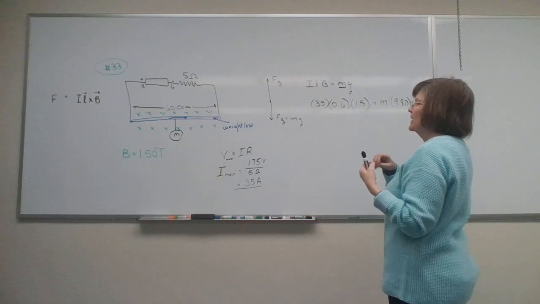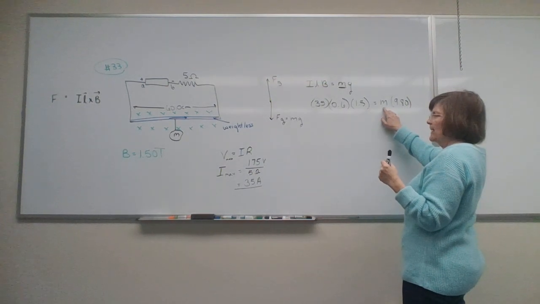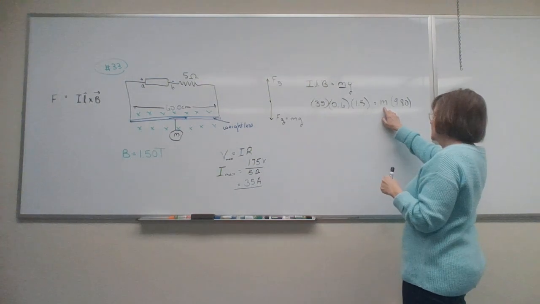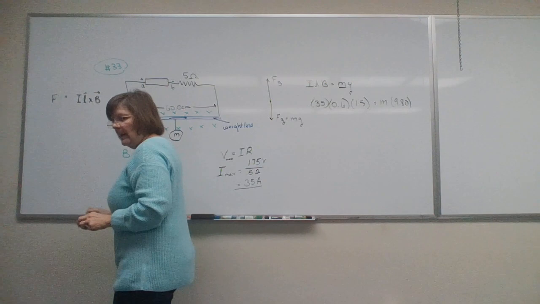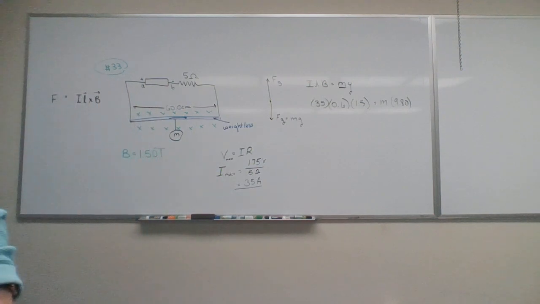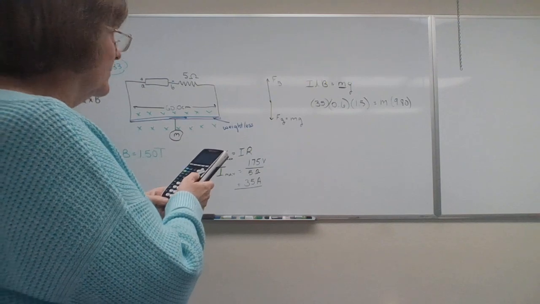If they had given that bar some mass, this would have just been the total mass of the two, but they didn't. So we can just get this. It wouldn't have been much more difficult. We would have just found the total mass and then subtracted the bar.